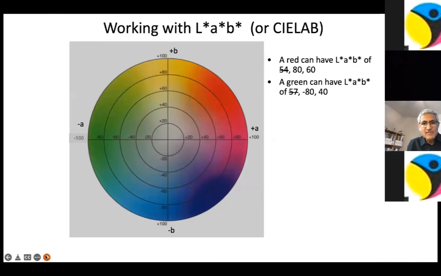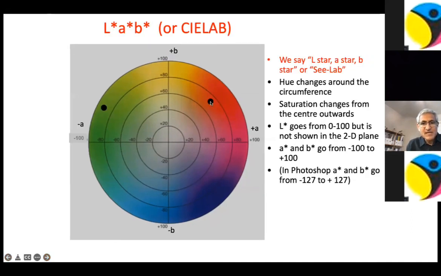Okay, so for this color here, we would have coordinates of L star, which we don't see, but we would have 50, and then perhaps also 50, 50. So plus 50, we would move along here, and then plus 50 again, we'd move up here.